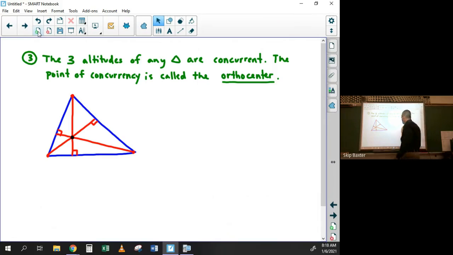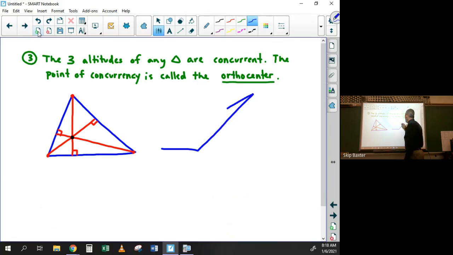Like for example, suppose I have this triangle here. Now remember, if it's an obtuse triangle like this, you have to draw an extension of the opposite side. So I'd have to extend this side out like this, and then the altitude would be this line segment right there. Now this is where it gets a little weird. If I draw this altitude, no problem, it just goes straight to there.